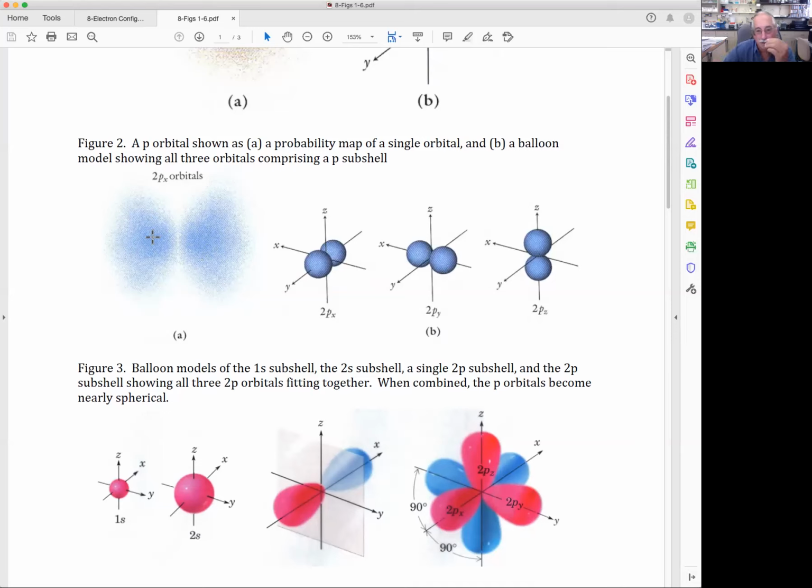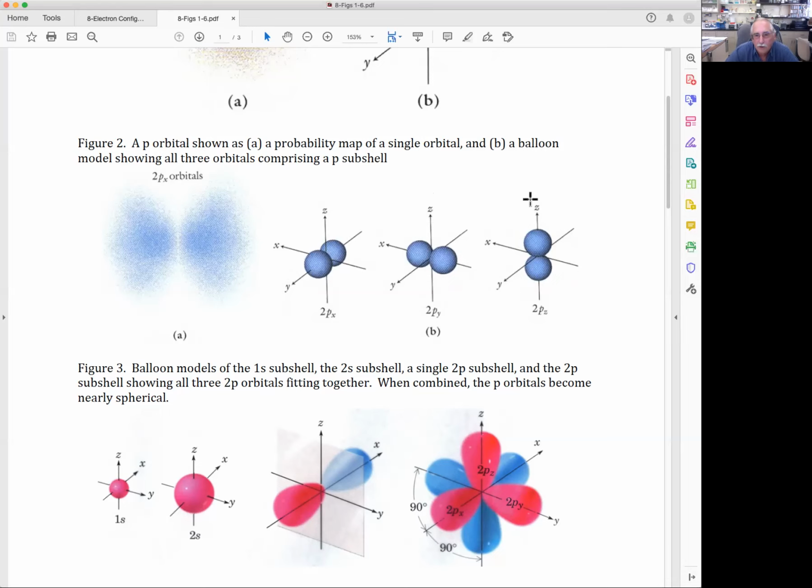So what they do in the balloon model is do this, essentially. Right at that intersection between X and Y and Z is the nucleus. But as you'll see later, in a p subshell, there's actually 3 orbitals. So here's the one on the Y, here's the one on the Z, here's the X, okay?